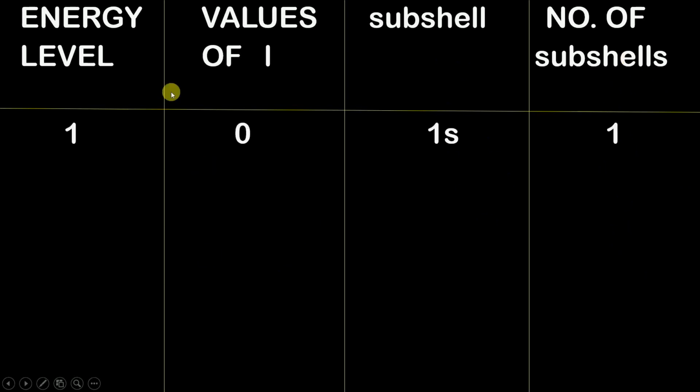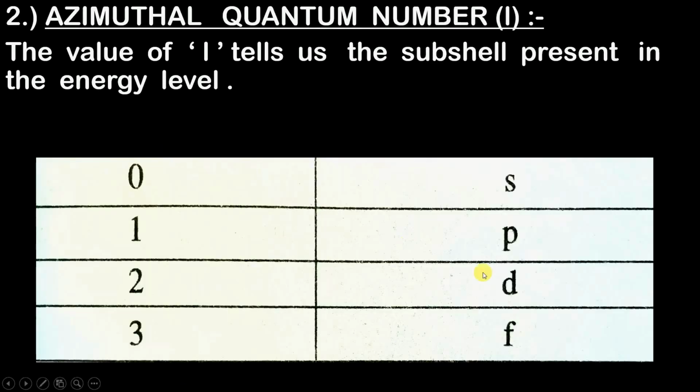Suppose you consider the first energy level, that is n equal to 1. So what are the possible values of L from 0 to 1 minus 1? That is from 0 to 0. So 0 to 0 comes only one value. That is, the value of L is obviously going to be 0. Now, as I have told you earlier, you might have forgotten, I have told you to remember these values, right? 0 corresponds to S orbital.